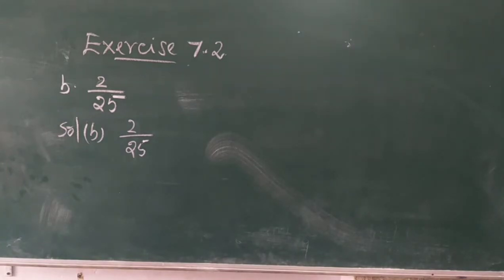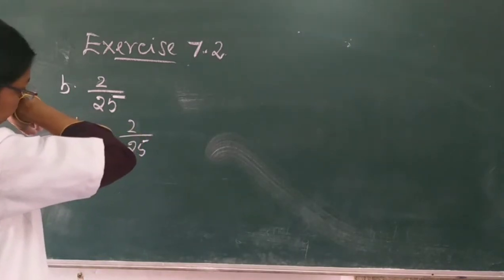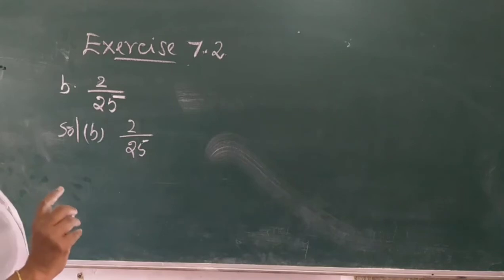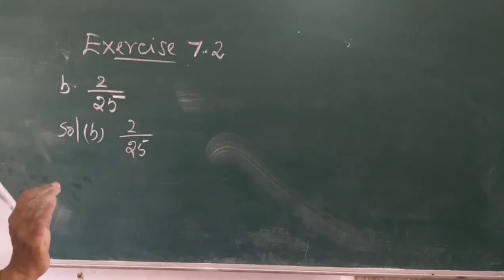To get the first equivalent fraction of this 2 by 25, we multiply both numerator and denominator by 1. Actually, it is not necessary.